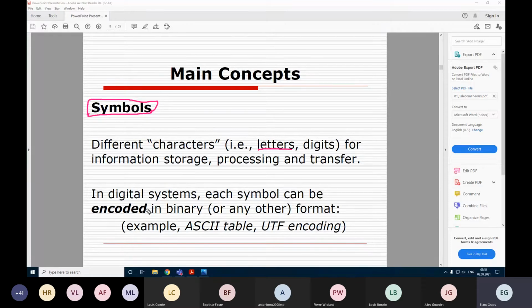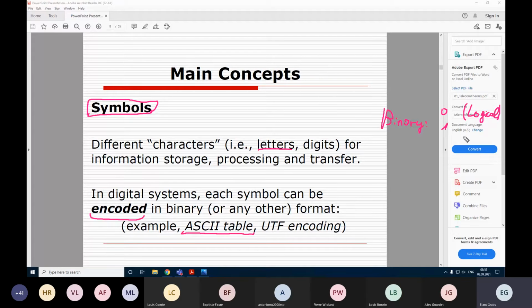In computer systems, in digital systems, symbols can be encoded in binary symbols. For a binary symbol, there are only two possible values, yes, 0 or 1. They are logical levels, yes. So yes or no, basically, switch turned on or switch turned off. And each letter in computers is coded in a different number of such binary symbols.